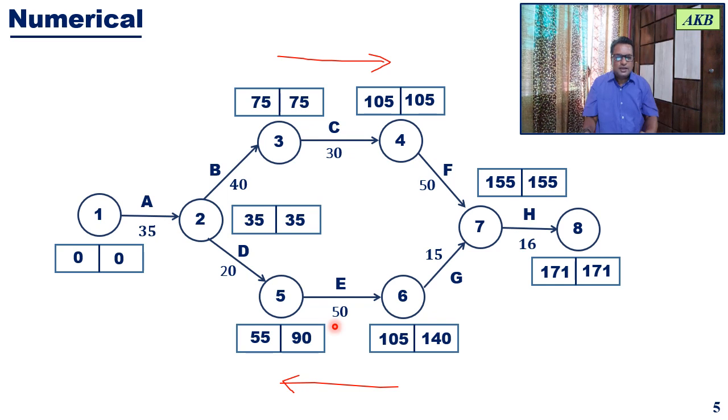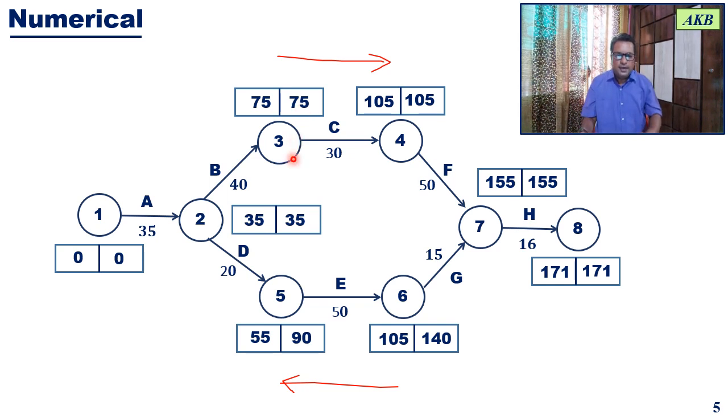So these calculations will give you the latest event times for events 3 and 5. For event 5, it will be 140 minus 50, that comes out to be 90. And for event 3, it is simply 105 minus 30, that comes out to be 75.